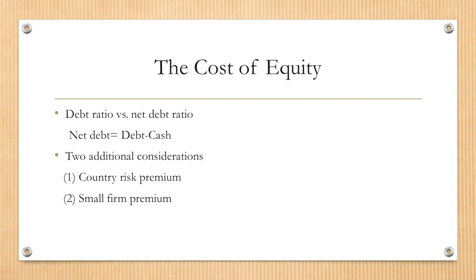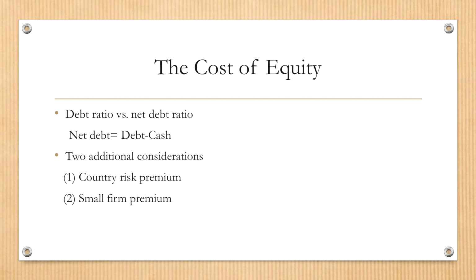As I said, if the amount of cash is small, it doesn't matter too much. But for a company that has a large amount of cash, then it's better to use the net debt ratio. For example, Apple has $100 billion sitting on the balance sheet, and when you look at the debt ratio, when do you use that debt ratio? Well, we use that ratio calculating levered beta, right?